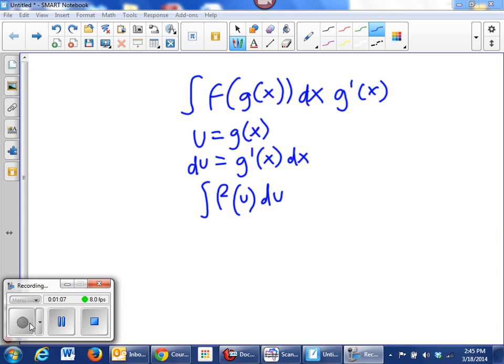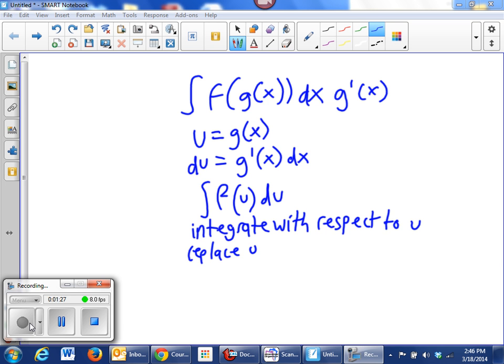integrate with respect to u, and replace u with g of x in the result.